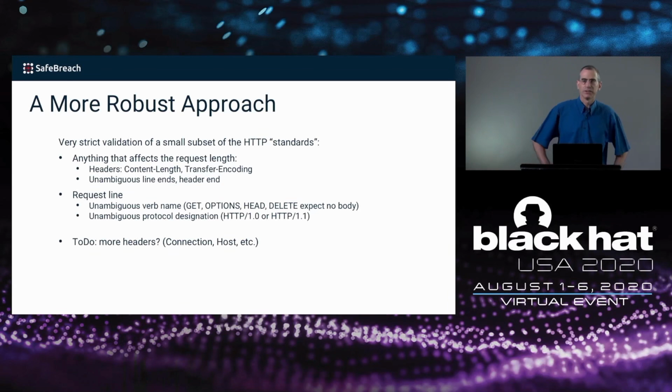And of course, monitoring the request line for verb names. It should be unambiguous, because the verb name sometimes dictates that the request mustn't have a body, or typically doesn't have a body. And unambiguous protocol designation in order to avoid the HTTP 0.9 syndrome, and maybe other headers that I haven't thought about yet.